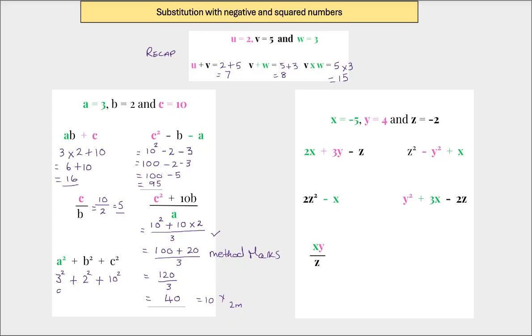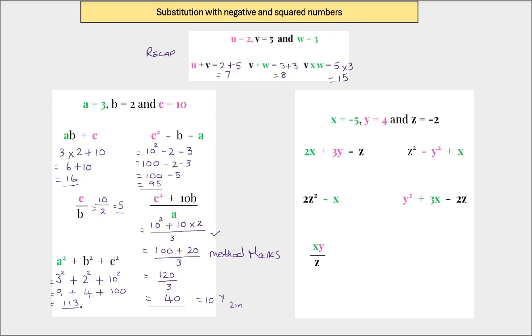So that's 3 squared is 9, 2 squared is 4, 10 squared again, which we know is 100. So we know that is 113, is it? Yeah, 113 when you add it all up. Nice and simple.